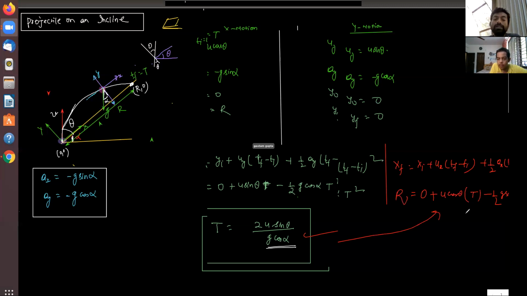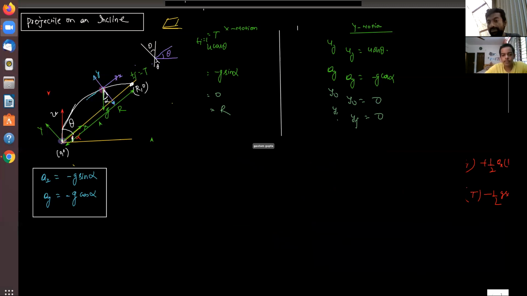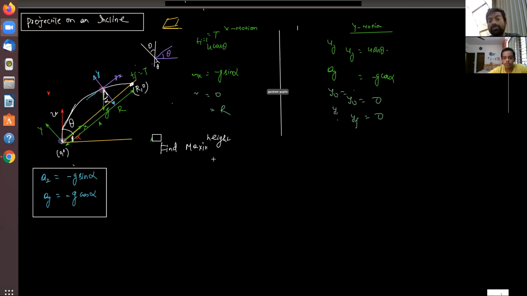One thing in this kind of question, they will ask what is the maximum height. Same thing, if they ask you to find the maximum height in this case, always remember the height term is always used with respect to ground level, not with respect to the incline level.